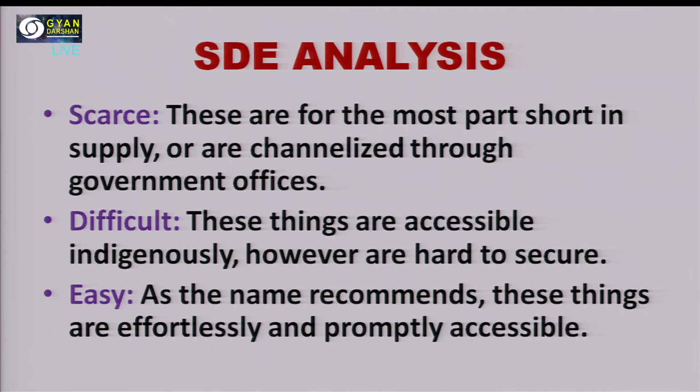Difficult items are not scarce, but it is very hard to secure or procure them. The third category is easy, where the items are very easy: you recommend, and those items will be available. So these are the three categories: S, D, E, scarce, difficult, and easy.